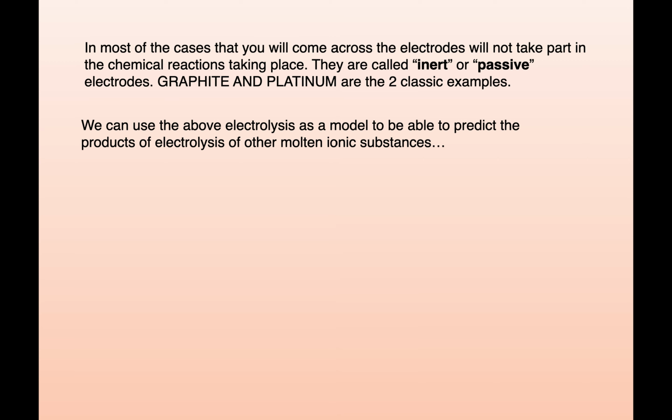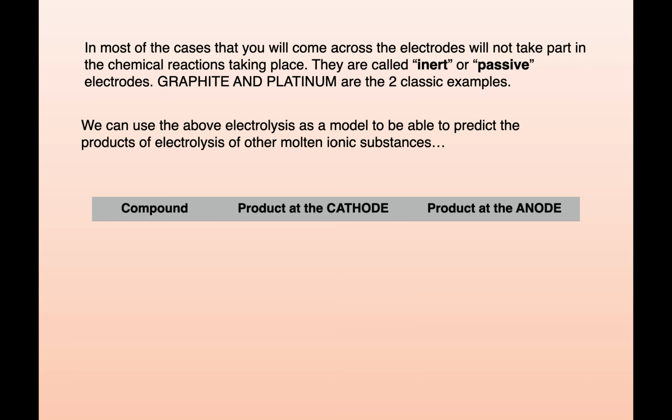Okay, so the electrolysis we've just seen of lead bromide, we can apply that to different contexts. We can apply it to other molten ionic substances. So we're going to try and use that pattern to predict which elements will be formed and where for the following ionic substances.